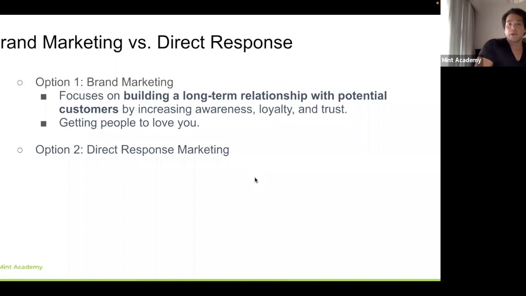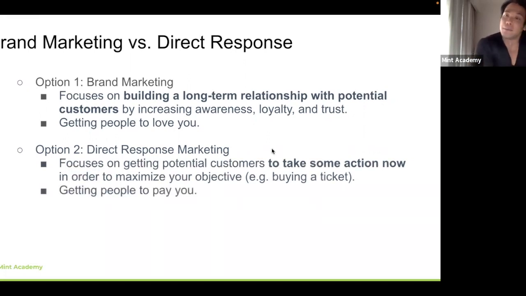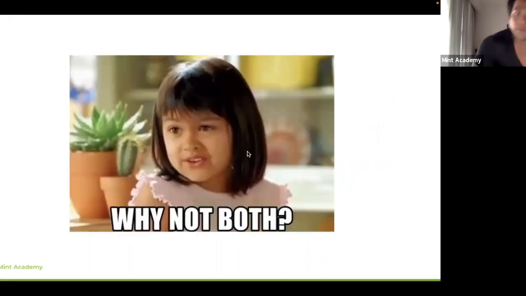And this type of marketing has a sole focus of getting potential customers to take some sort of action. So in this case, it's buying a comedy show ticket. So in this case, you're not trying to get people to love you, you're trying to get people to pay you. You can employ both of them, but you can't really employ both of these things to the maximum degree. It's kind of one or the other.